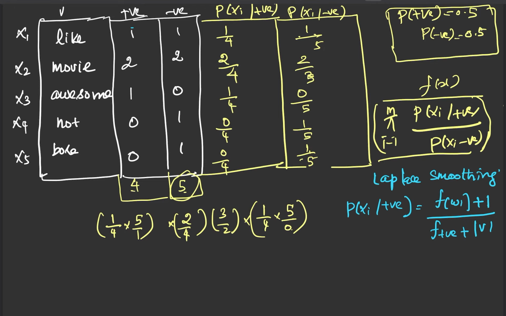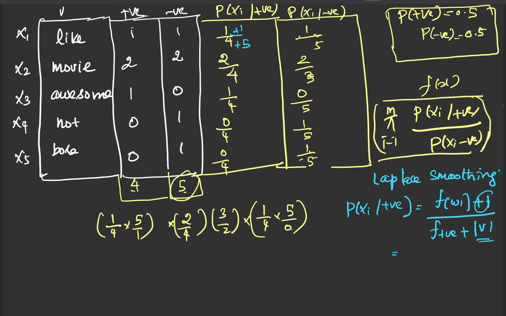What is the size of the class? Which is the unique words in this entire vocabulary. There are 5 words. Now we need to add just 1 in the numerator and 5 in the denominator. So whatever calculation we do is exactly the same. Extra, we need to add 1 in the numerator and 5 in the denominator.